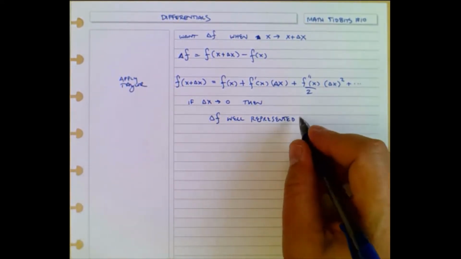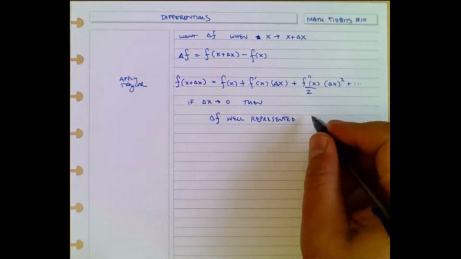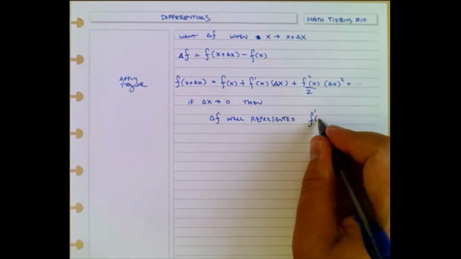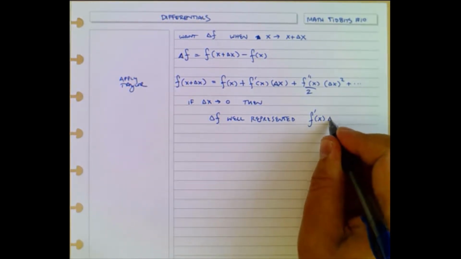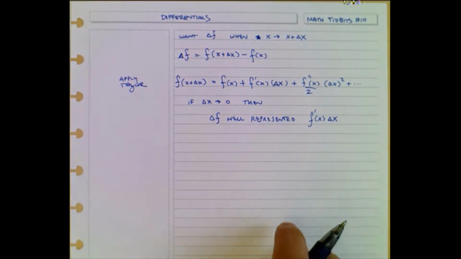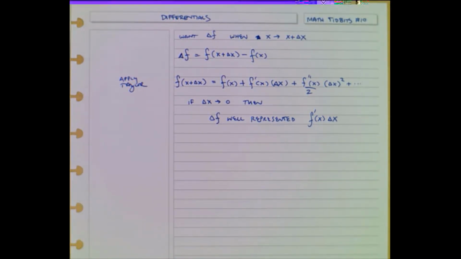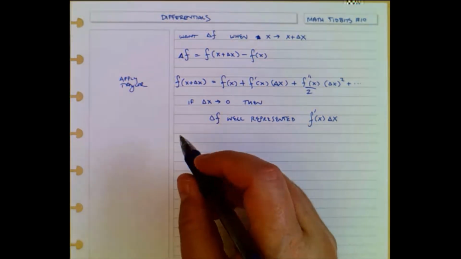But if delta x is really, really small, then delta f is well represented by f prime of x times delta x. It is only an approximation, as I said, but it may oftentimes be really all we need.